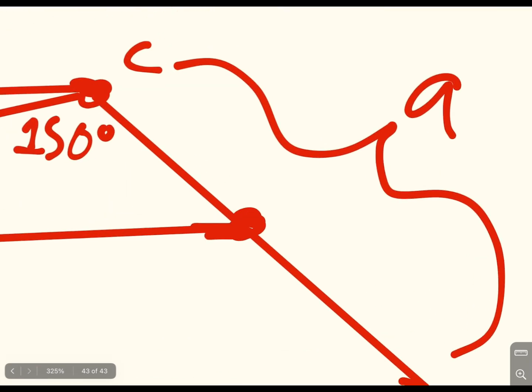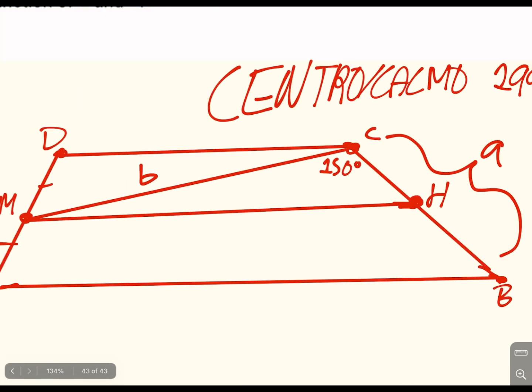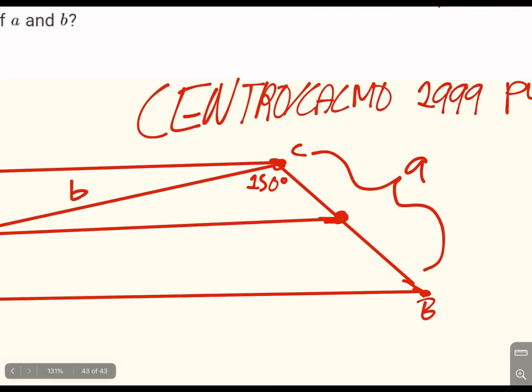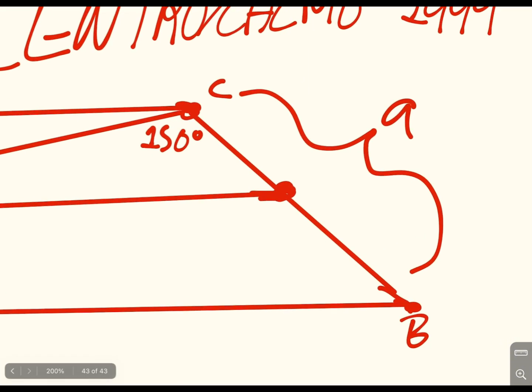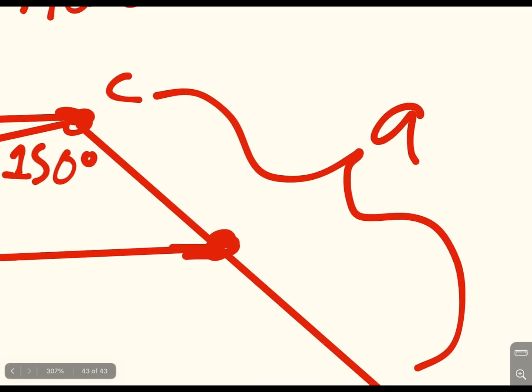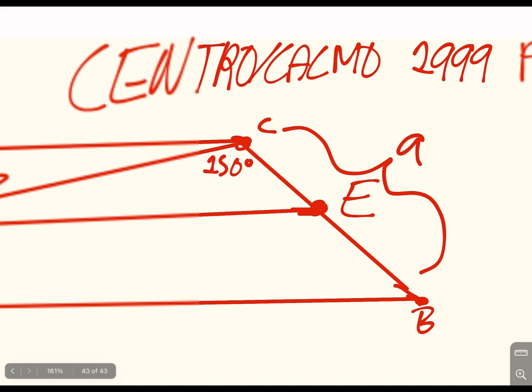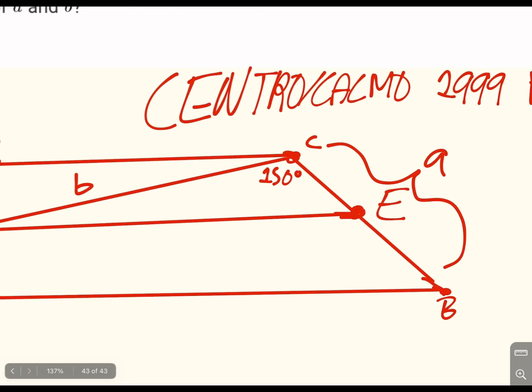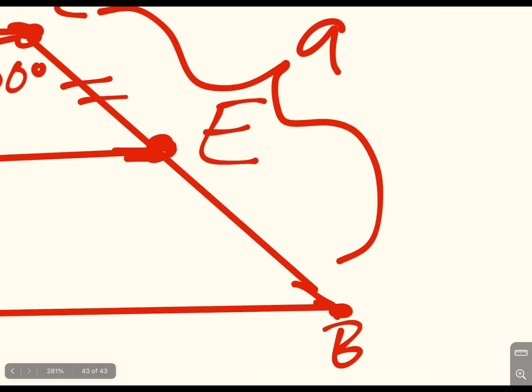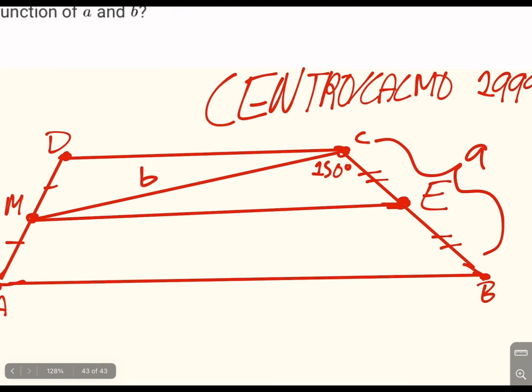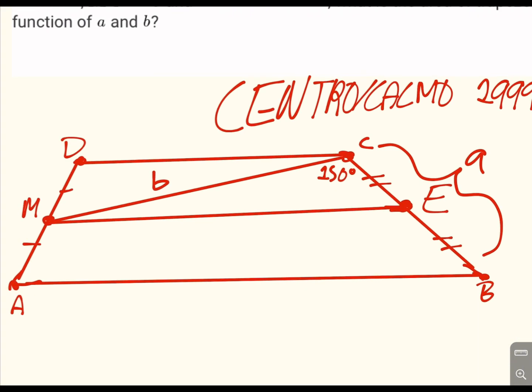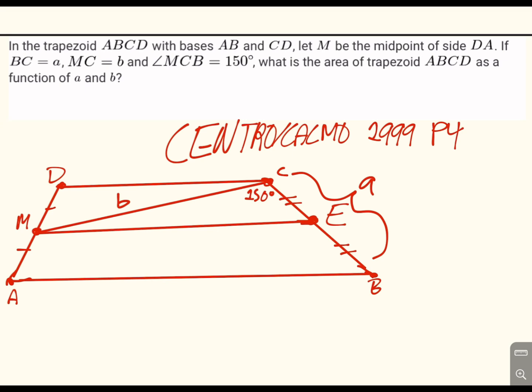Let's name it H. Actually, no, let's change that because I'll confuse us with the height. So let's make it E. Sure, E. And then CE is going to be equal to EB. And by definition, ME is going to be parallel to AB and DC. So we know that, right?